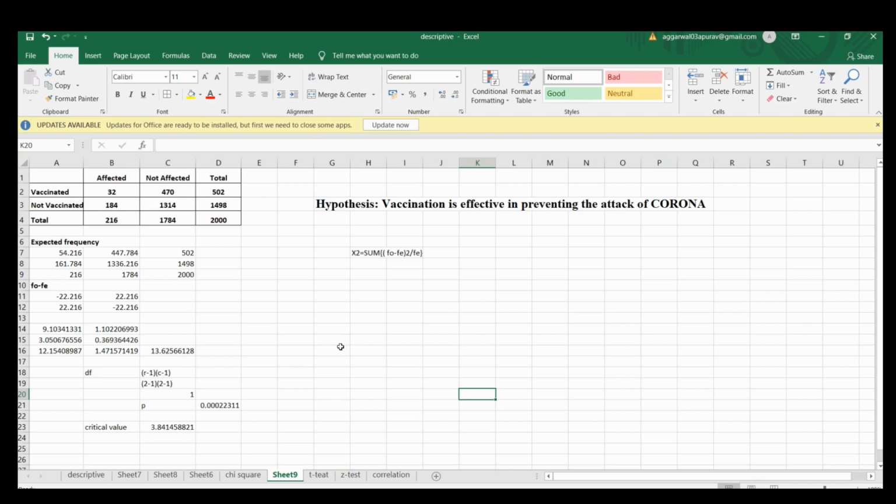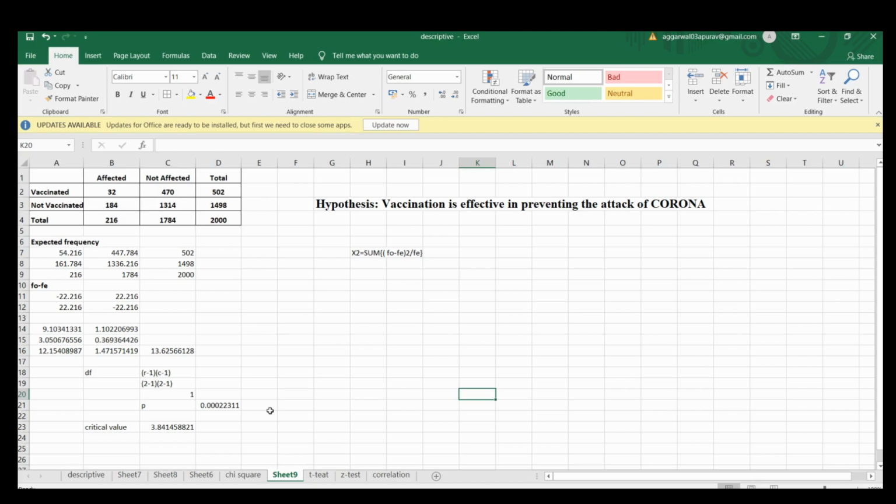If table value is greater than calculated value, then retain the null hypothesis; the result is not significant. If calculated value is greater than table value, then the value is significant and the null hypothesis is rejected. In this example, the null hypothesis is rejected.